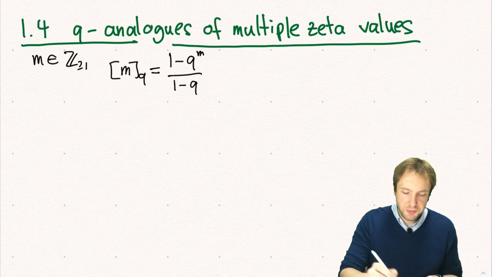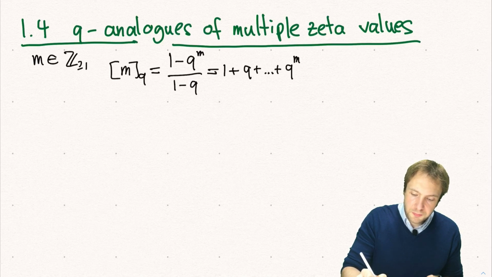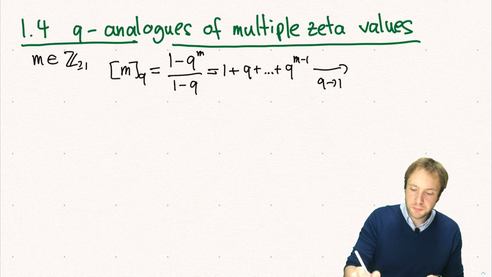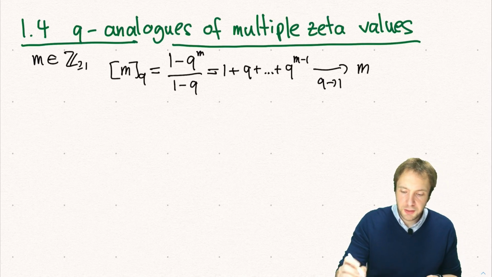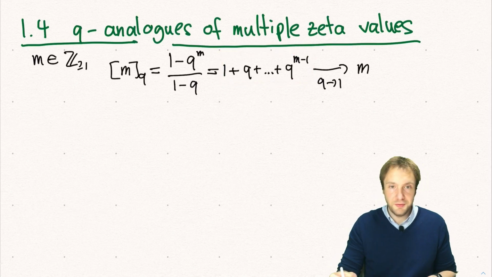And if m is a positive integer, you can also write this as this sum here. And then clearly, if you send q to 1, this just gives back m, because then you have m copies of 1 there.